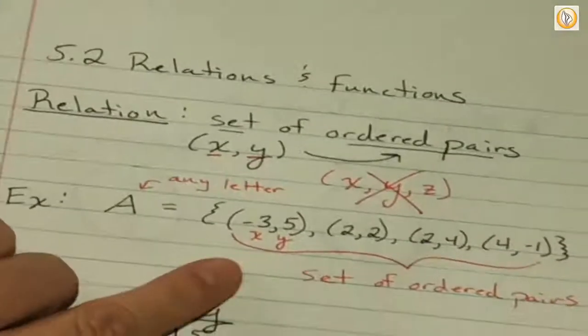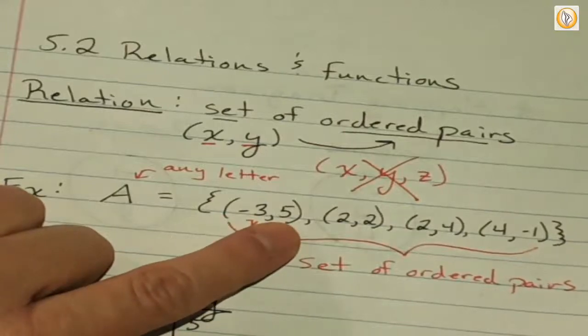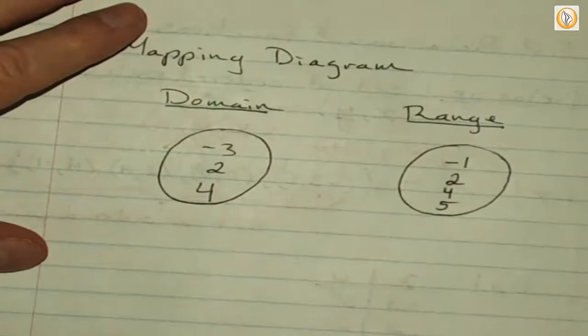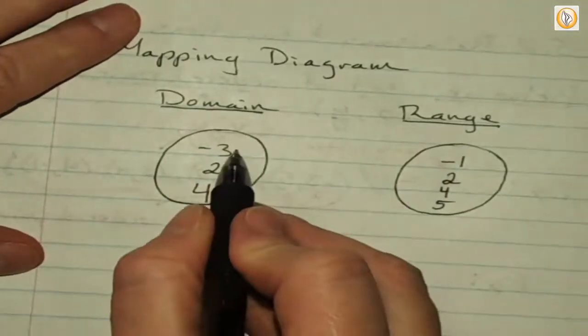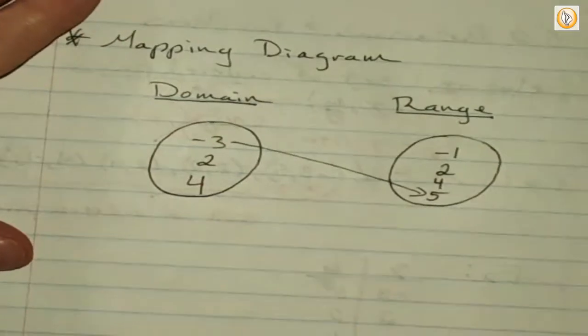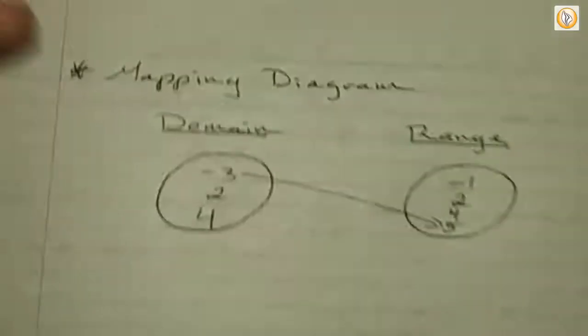Now, if you look, here's your sets. So -3 goes with what Y? 5. So -3 has an arrow going to 5. And the next one, 2, goes with 2.